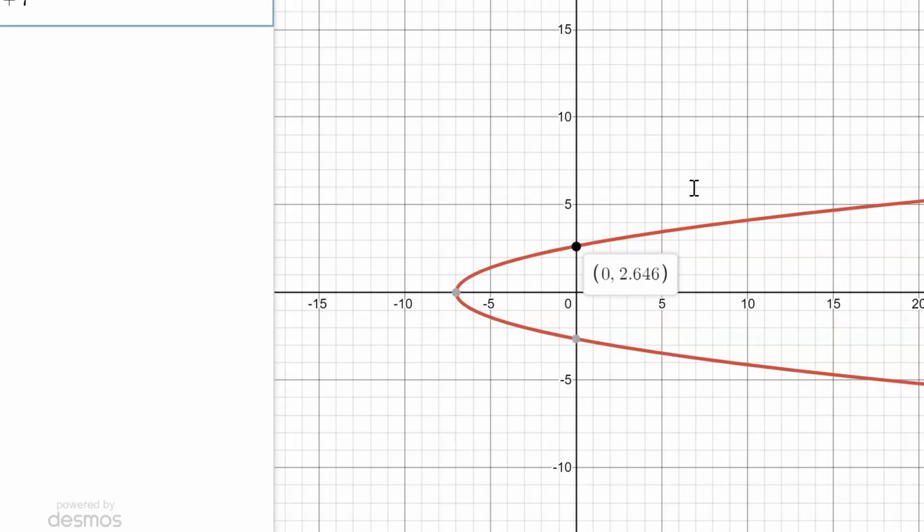And this is good to point out. See, that's 2.646, and that one is negative 2.646. So notice that that one x value is going to two different y values. One is positive, one is negative, same number, but one is negative, one is positive, so they're actually two distinct numbers.